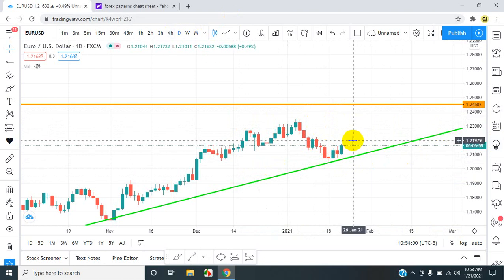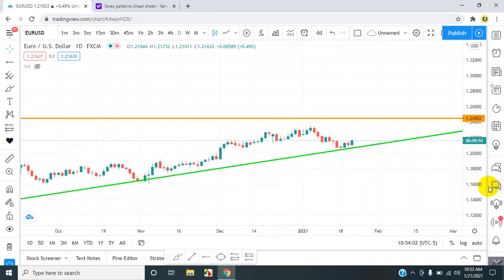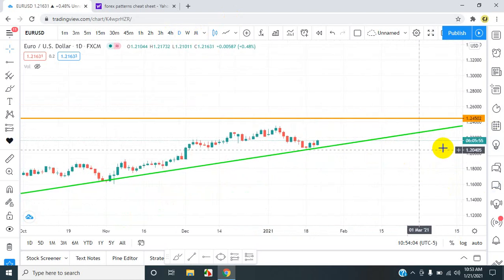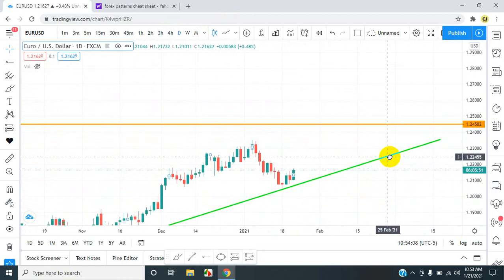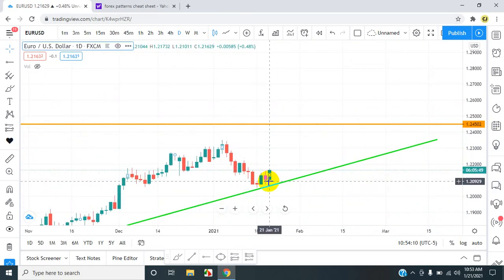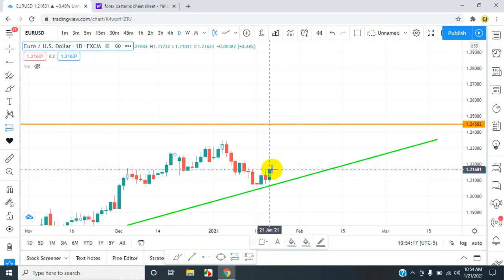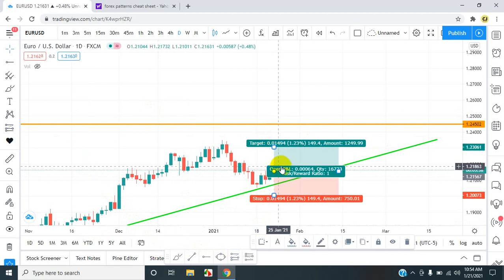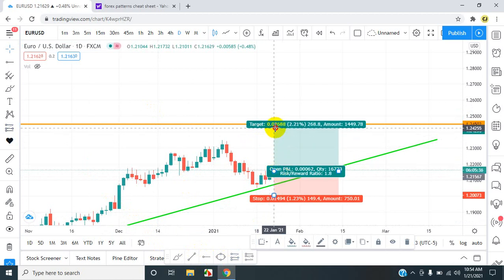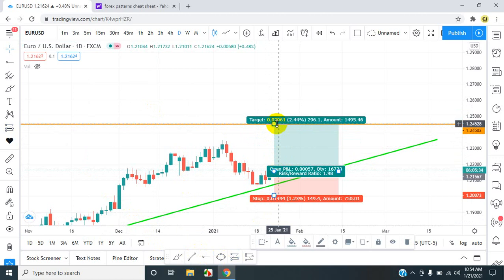So now from there, if we go down, let's calculate some pips. Let's say we do find entry in this area and it looks like a safe position to take. We can take it from here all the way up to this orange line, and that will give us an estimate of 296 pips.